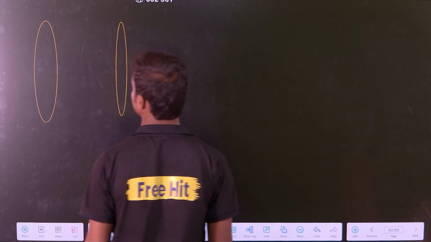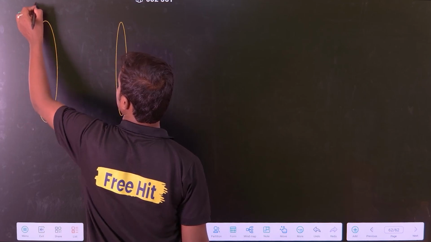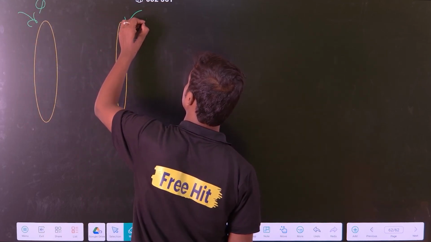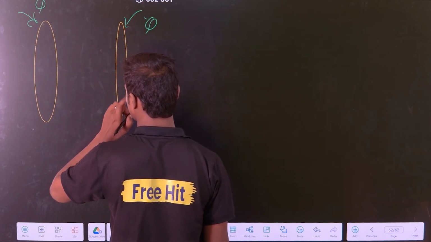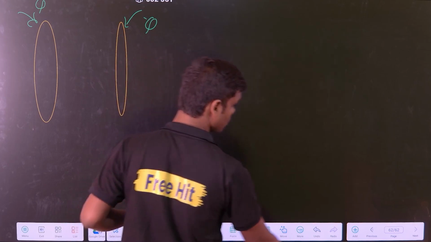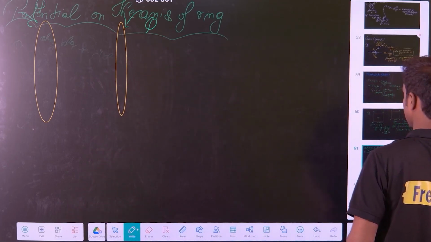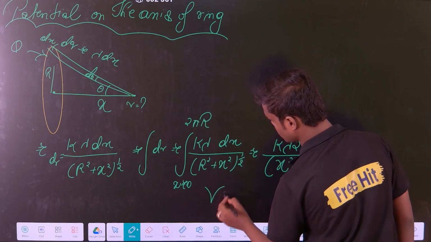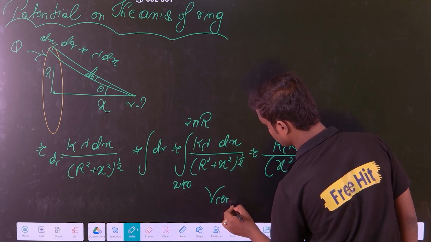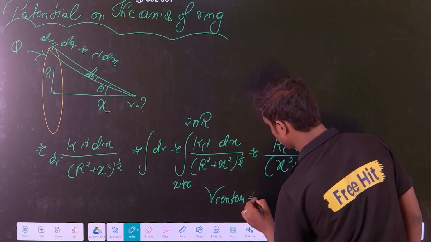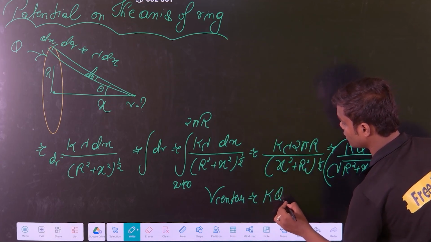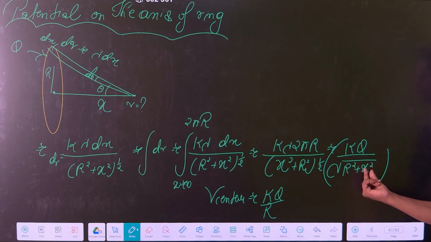Suppose the charge on this ring is plus q, the charge on this ring is minus q. In this case, if I ask you what is the potential at the center, V at center will be kq by r, because you have to put x equal to 0 for the center.